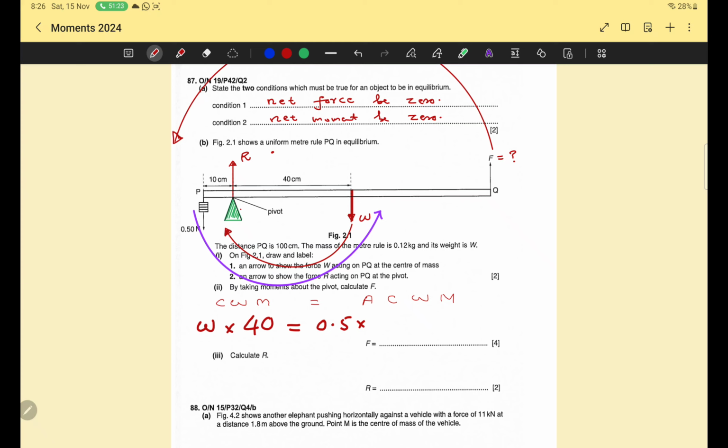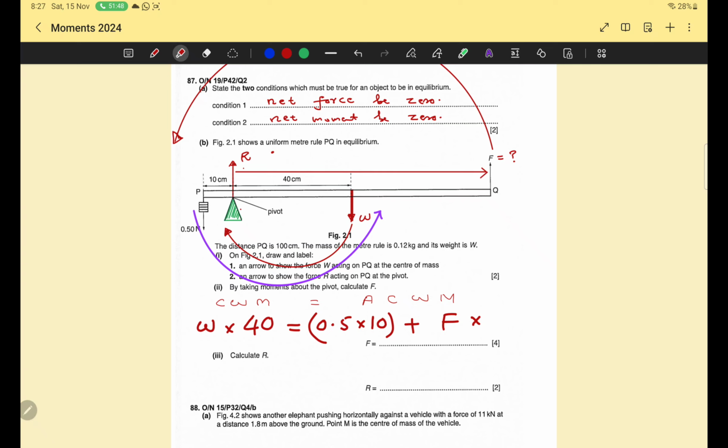And how far is this 0.5 Newton force from the pivot? Can you tell me how far this force is from the pivot? Yes, it is 10 centimeter. Plus, this force F, how far is this force F from the pivot?